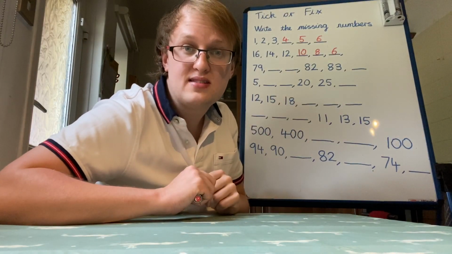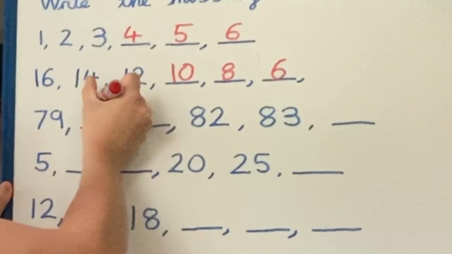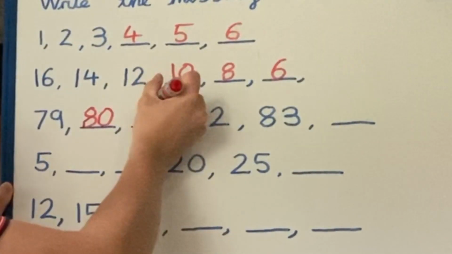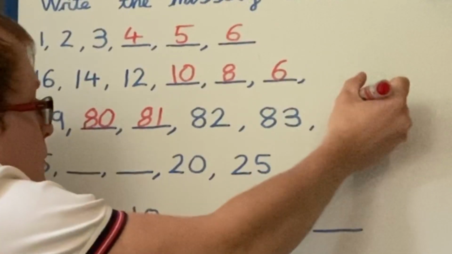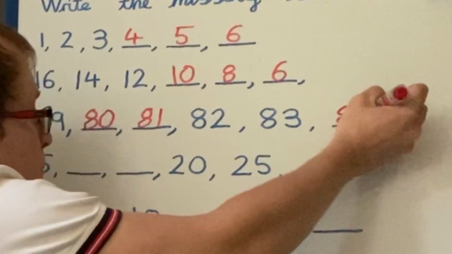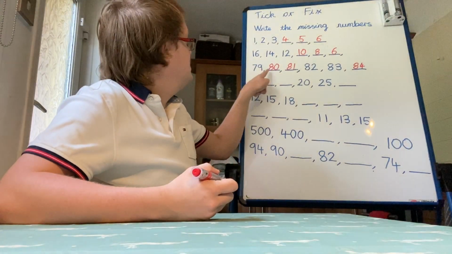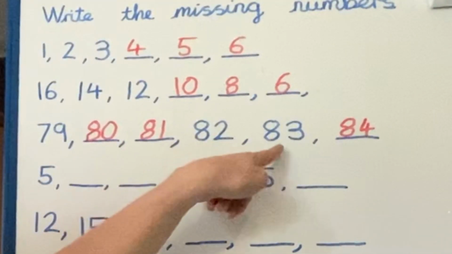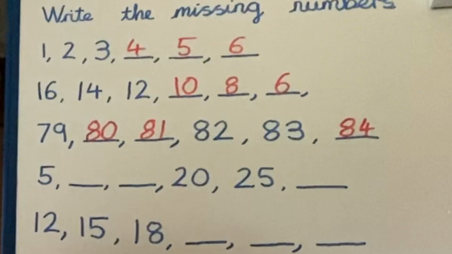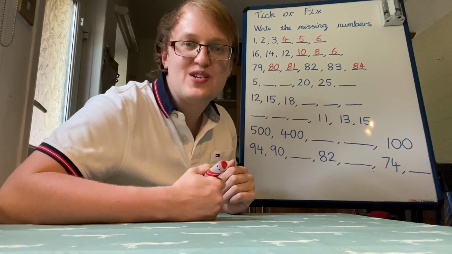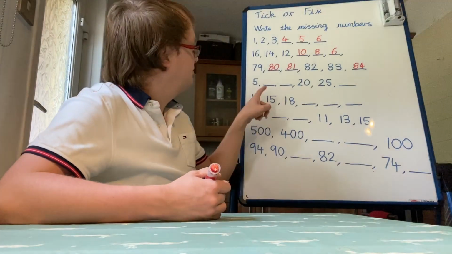So that makes sense. Step 5 is to check our answer. 80, 81, 82, 83, 84. Looks good to me.